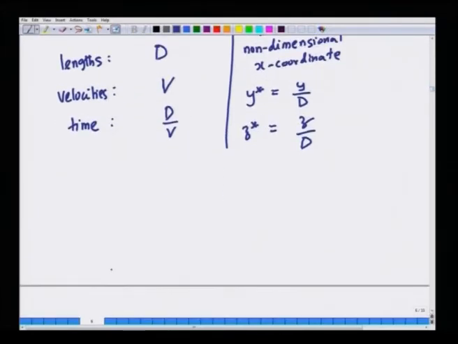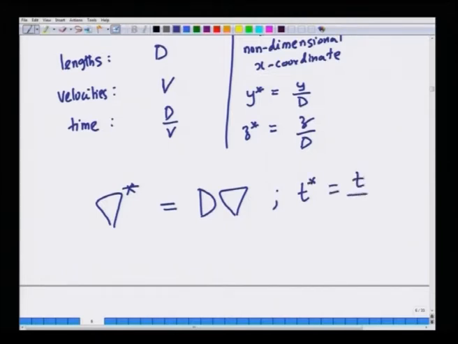Okay. Now, we also have gradients in the Navier-Stokes equation. Now, the non-dimensional gradients have dimensions of 1 over length. So, they are obtained by multiplying the dimensional gradient by the length scale d. Now, times that occur in the Navier-Stokes equation, you divide it by the non-dimensional time, okay, and pressure.